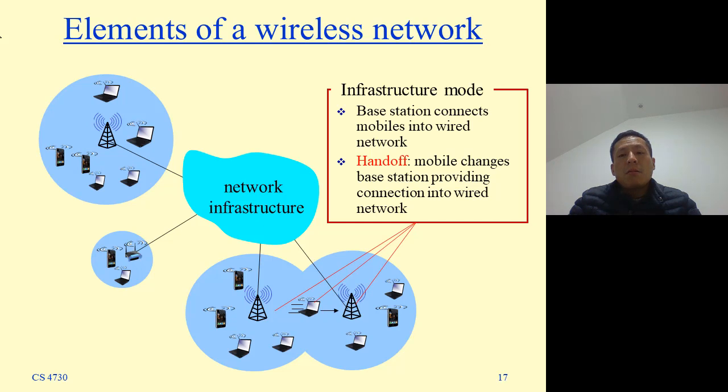If a mobile device is connected to these APs or cell towers and moves out of one range and into the range of another cell tower or access point, then the handoff should be taken care of by the base station. So this network handoff is facilitated by the infrastructure, like the base station.